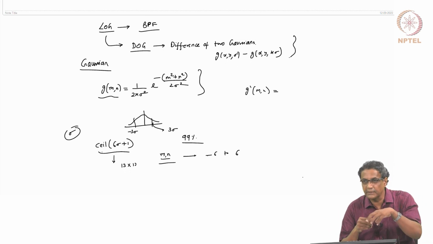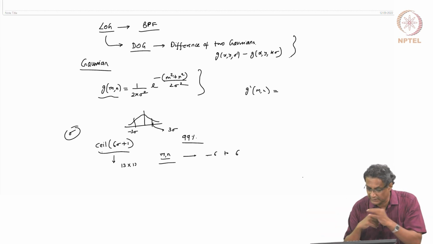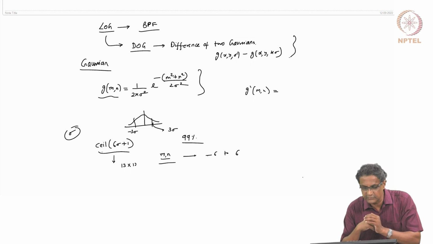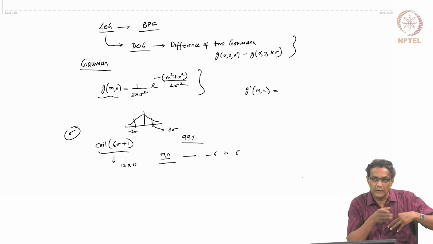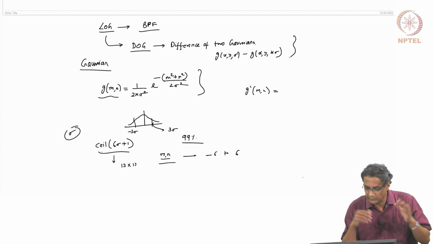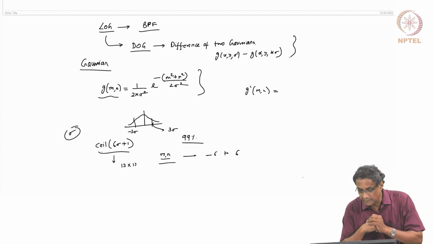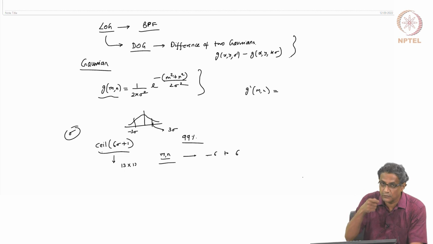You will typically believe that you should give more weightage to where you are, to the pixel you want to average, and then decrease the weightage as you go outside. That's what a Gaussian does. So it's a kind of weighted averaging, as opposed to a uniform filter, which has uniform weights all over. And the sigma gives you a nice control.